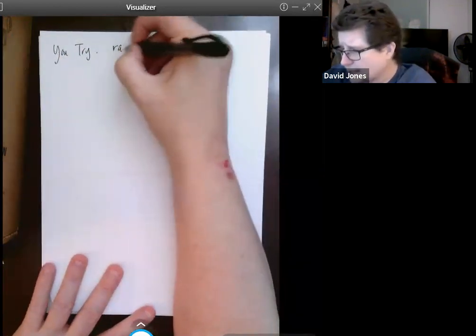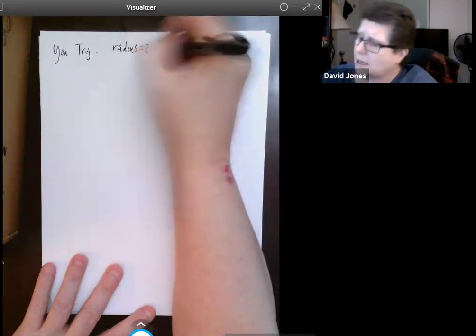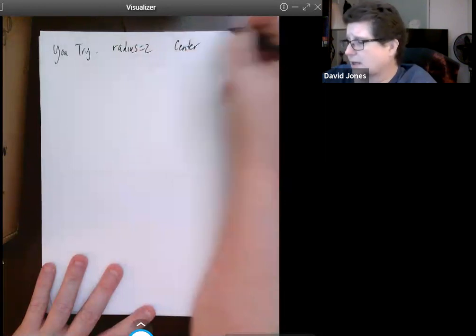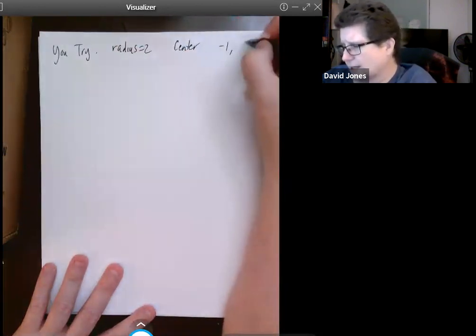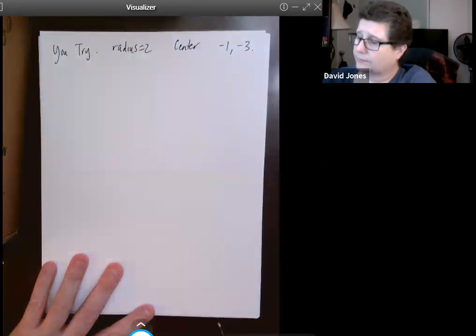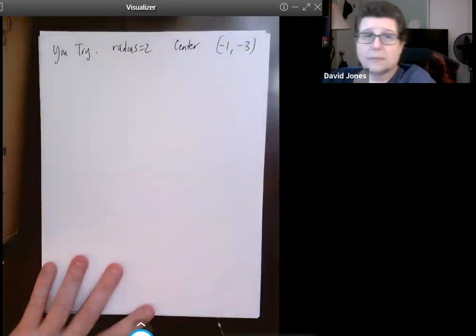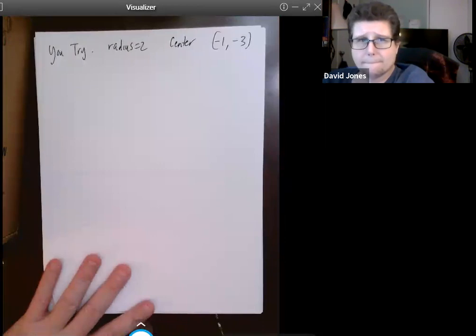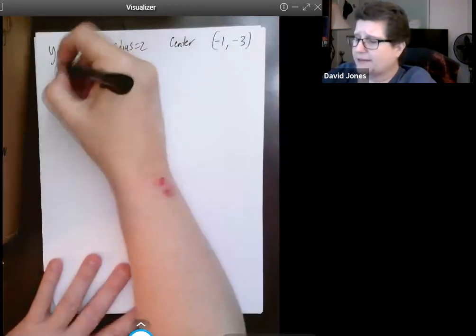Let's do a radius equals 2, and let's say the center is (−1, −3). Graph it and write the equation.